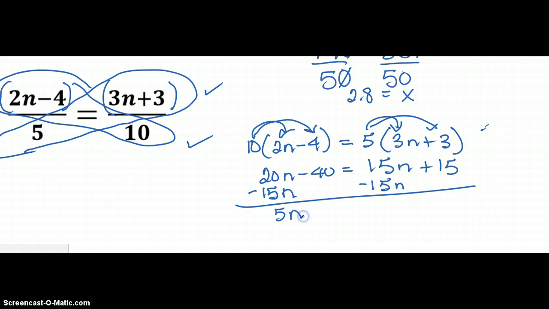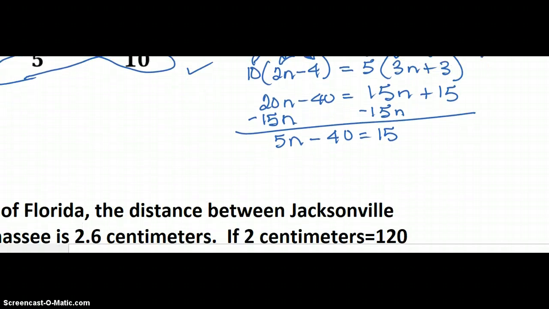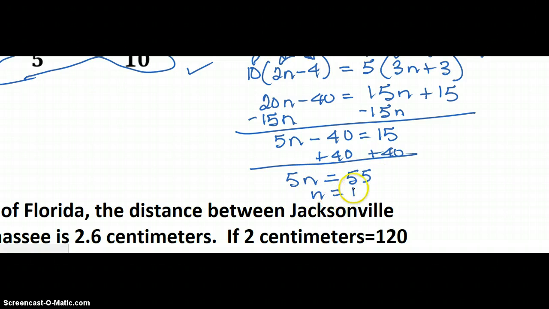So I kind of make a plan before I solve the problem. I get that 5n equals 55, so n equals 11.